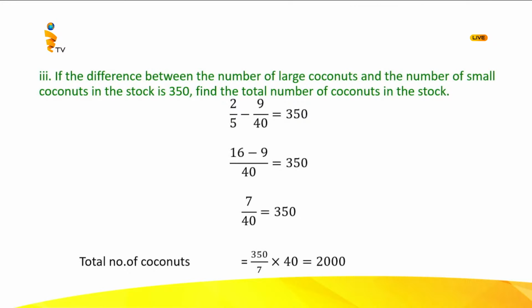When I divide 350 by 7, I will get the value of 1/40. And when I multiply the answer by 40, you will get the value of 40 over 40. That means the value of 1, the whole stock. So the total number of coconuts in this stock is 2000.